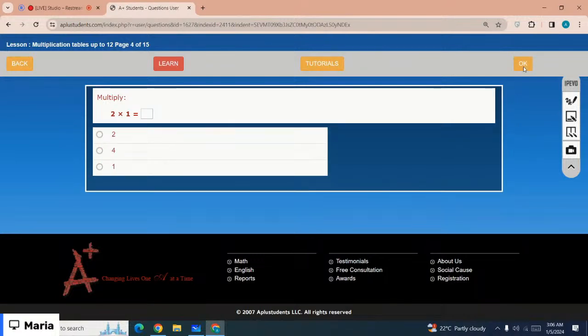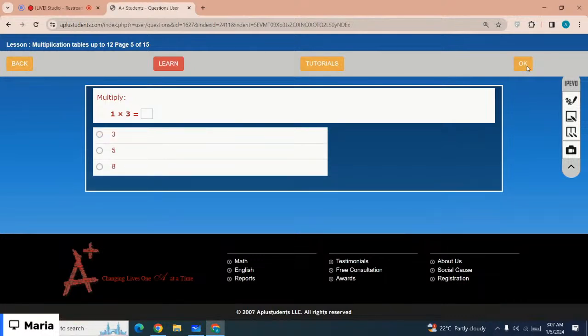The next one is 2 times 1. Whenever you multiply any number by 1, the answer is exactly the same number, no matter what the number is. That is known as the identity property of multiplication. So 2 times 1 is, yes, 2 times 1 equals 2.